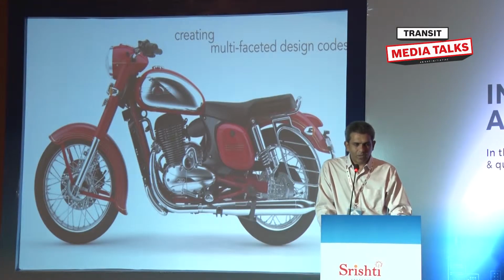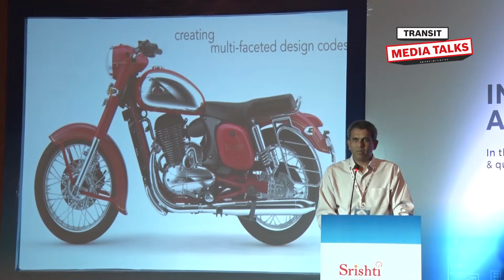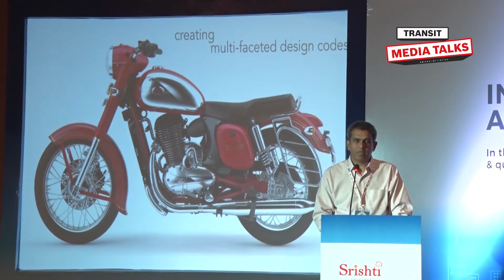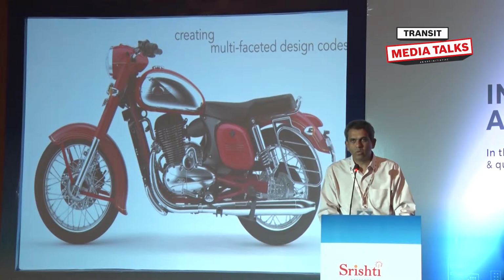So I'm taking a very odd example. I think this is a message carrier. This is the Java that we had worked on, which was launched in December last year. We created the touch points that created the connect with the brand. It wasn't about changing the shape of the bike, but about those small little details that go into a bike.